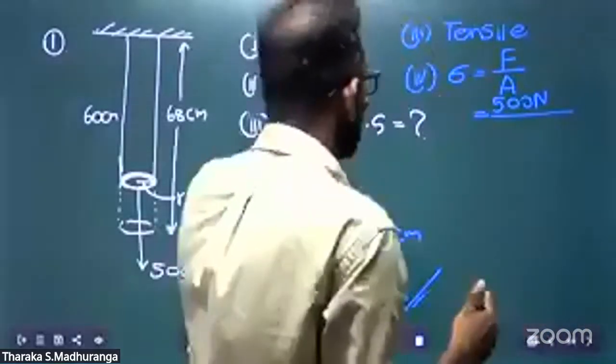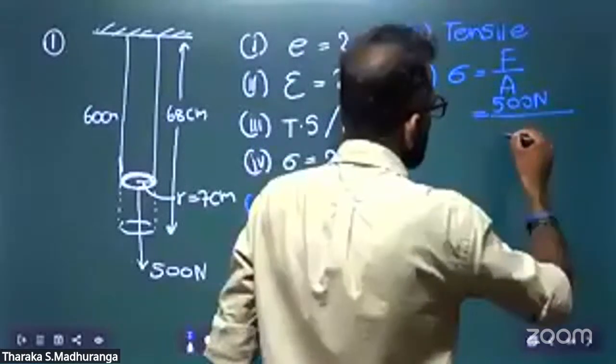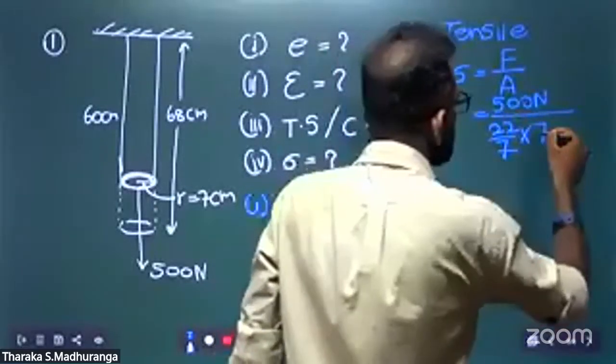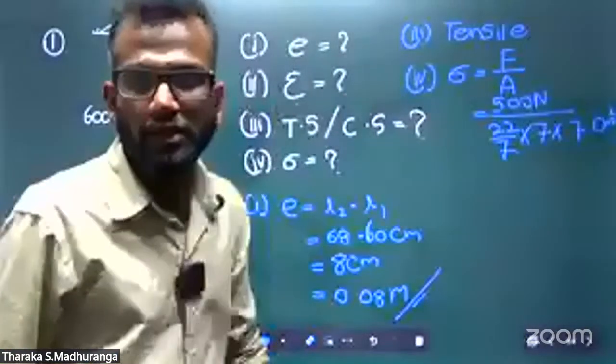Then we can get the cross section: it is pi r squared, which is 22 over 7 times r squared, so 7 into 7. But the problem is this value is in square centimeter.